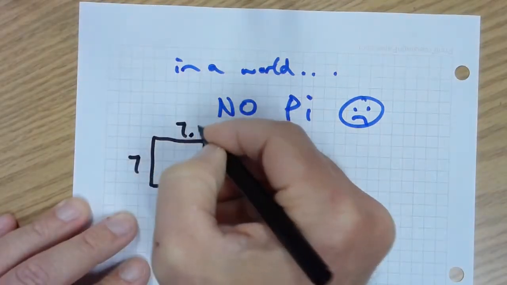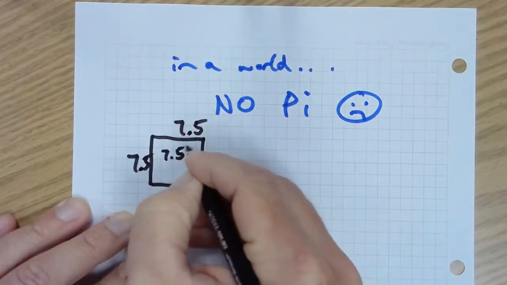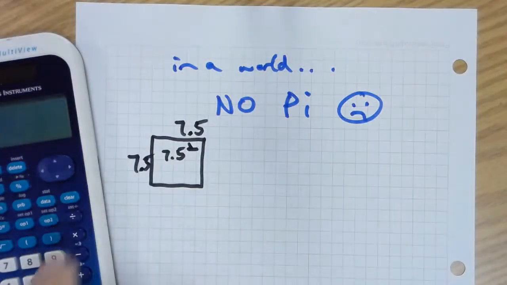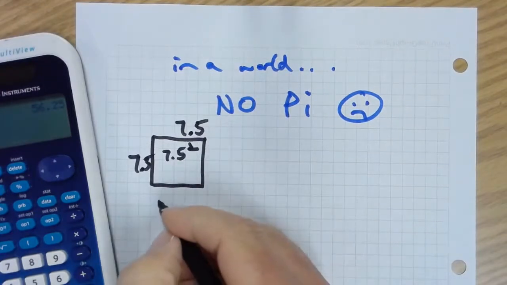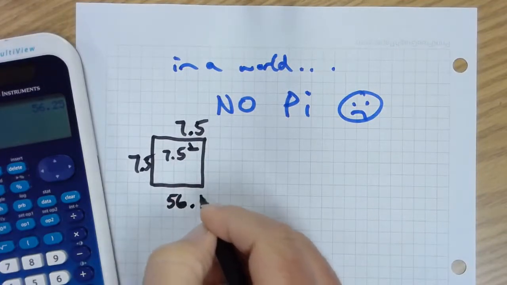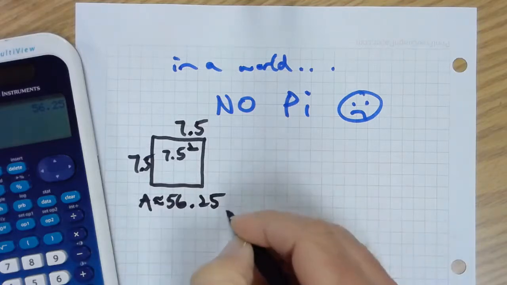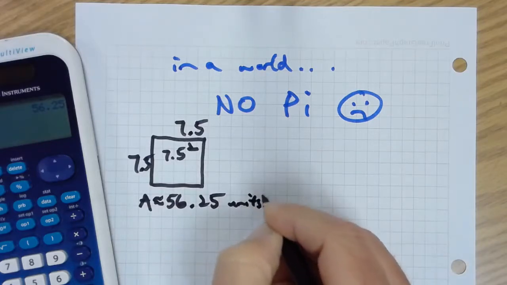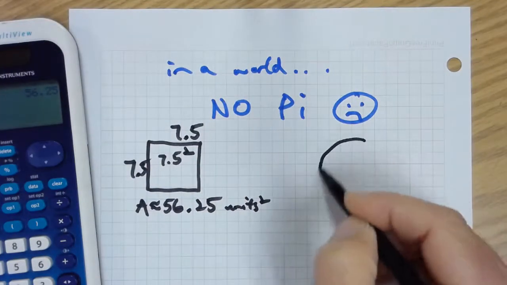Let's go 7.5. Let's get crazy. So 7.5 squared. Come here, Mr. Calculator. 7.5 squared is 56.25 square units, of course.